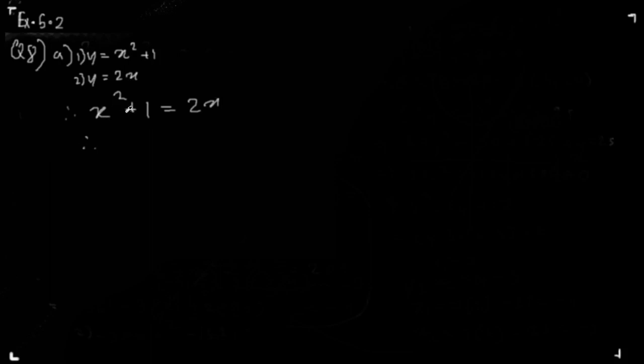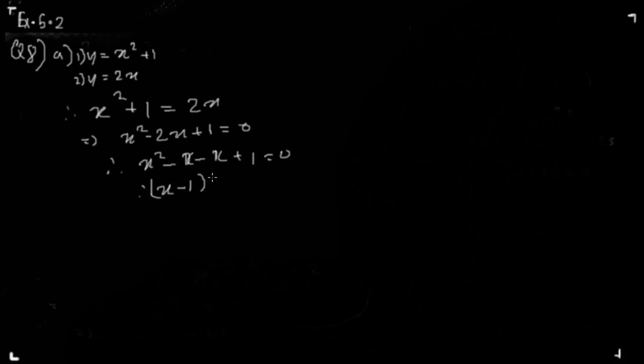Therefore, let me continue this. So then x squared minus 2x plus 1 is equal to 0. Then x squared minus 1 minus 1, or minus x plus 1 is equal to 0. That means x minus 1, if you can just do this.